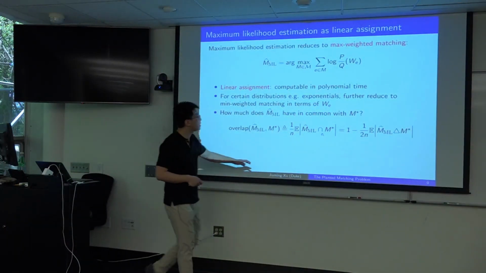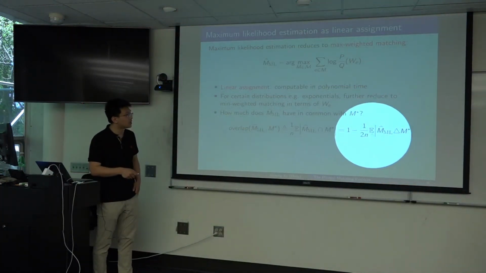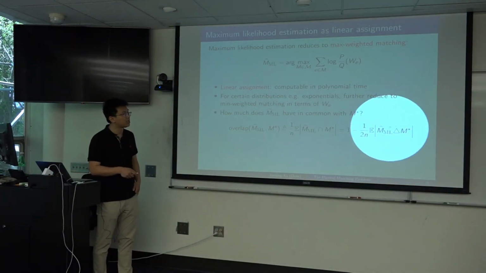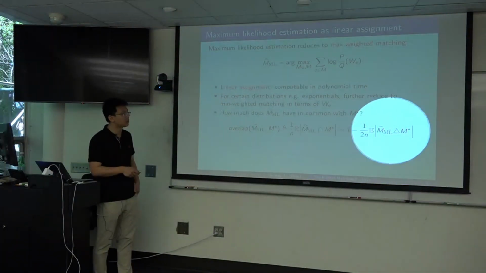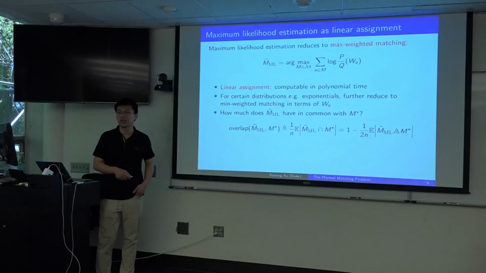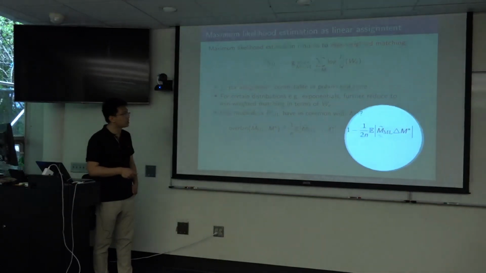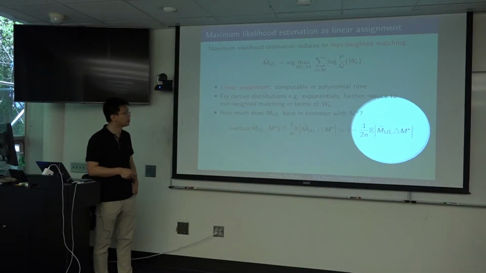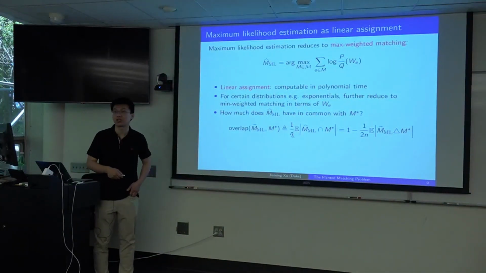You can also view this as 1 minus 1 over 2n times the expected value of the cardinality of the symmetric difference. The symmetric difference calculates the total number of edges misclassified by the maximum likelihood estimator. Sometimes I'm going to call this the reconstruction error, and the overlap is basically 1 minus the reconstruction error.